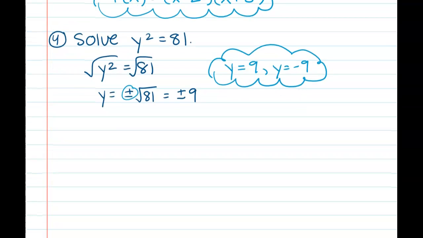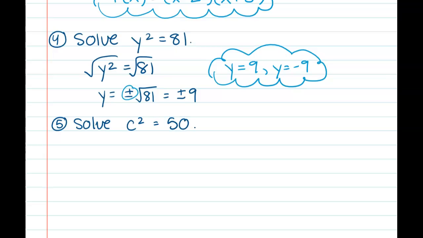One more, slightly more complicated version of number 4. Let's solve c squared equals 50. Well, if c squared equals 50, we can take the square root of each side. So c is plus or minus the square root of 50. What is that? I don't know.